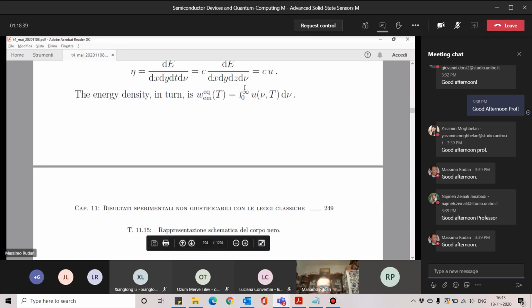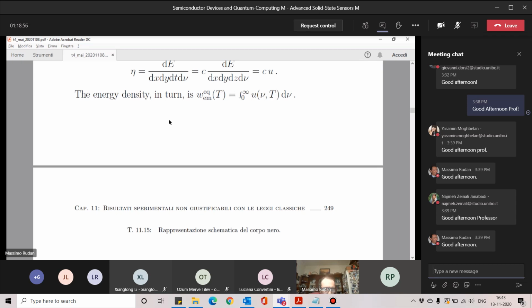Because calculating u is relatively easy. We can do it by applying concepts of thermodynamics and electromagnetic theory, okay, very easily, as we shall see.